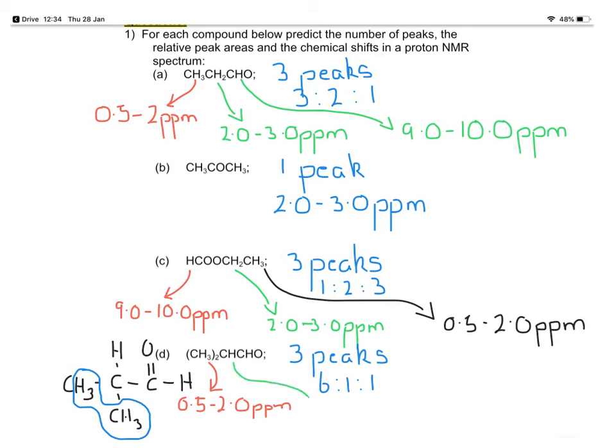So this hydrogen's peak will have a chemical shift between 2 and 3 parts per million. Now the one right on the end is the one that's beside the C double bond O, like you would find in an aldehyde. So its chemical shift will be between 9 and 10 parts per million.